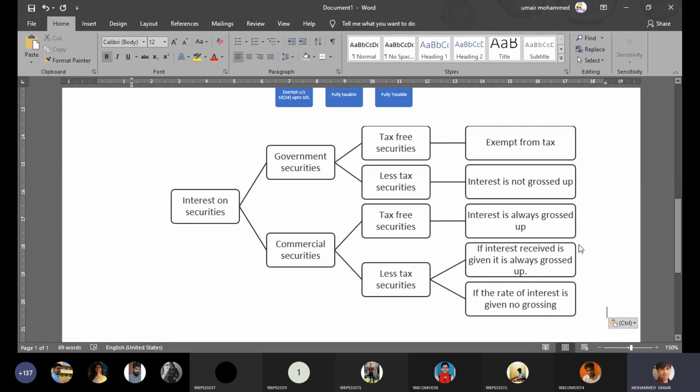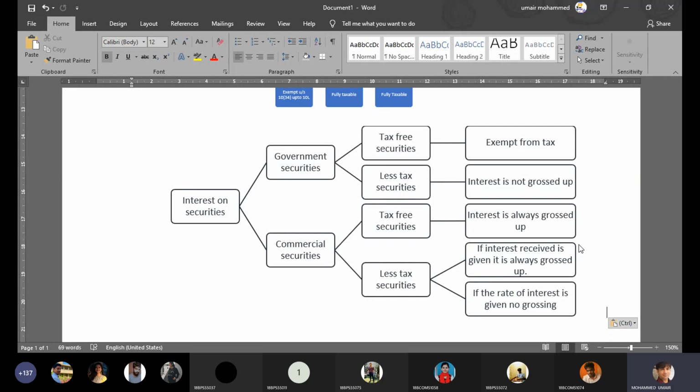As you can see here, these securities are broadly classified into government securities, and we also have commercial securities. Government securities are those securities which are issued by either state or central government. Securities issued by government companies will not come here.